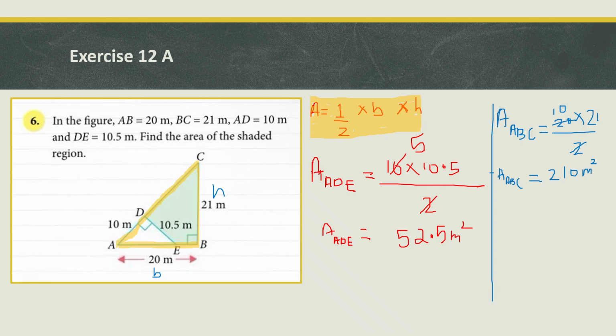Now we have to find the area of the shaded region. So how can we find it? Area of shaded region is equal to area of triangle ABC, means 210 meter square, minus 52.5 meter square. So let me solve it over here.